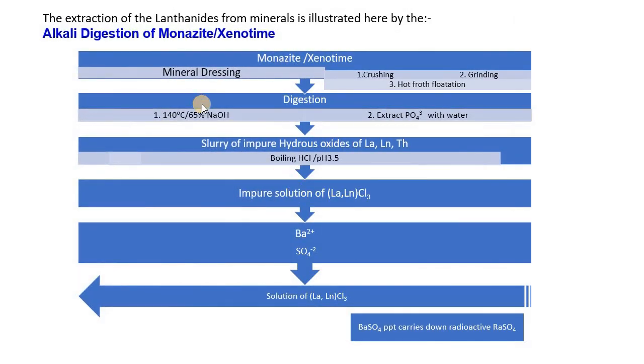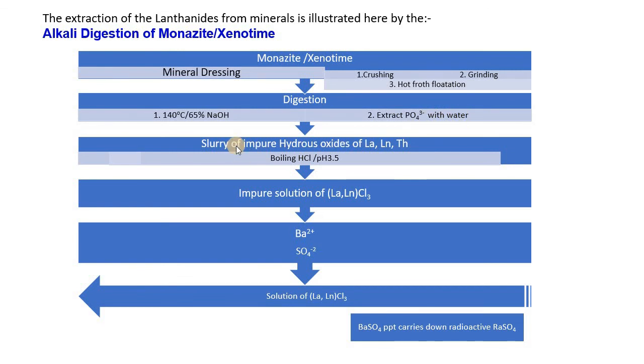The next is the extraction of lanthanide from the minerals monazite and xenotime by the alkali digestion method. Check here, monazite, xenotime: mineral dressing is required, that is crushing, grinding, hot froth flotation, etc. Then digestion using 140 degrees Celsius and 65% NaOH, and extract phosphate with water.